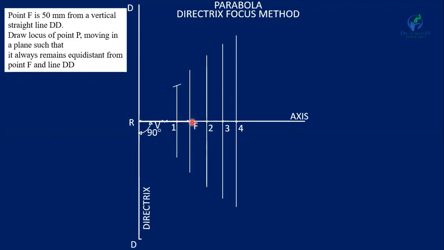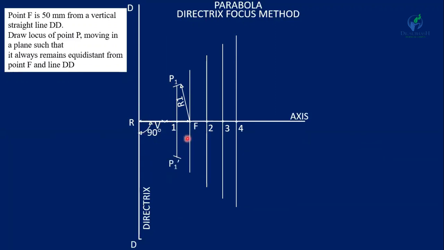Now with F as the center and radius equal to R1, this R1 is the radius, F is the center, and draw an arc on this line. So this point is P1, and similarly on the other side you will get another point P1 dash.